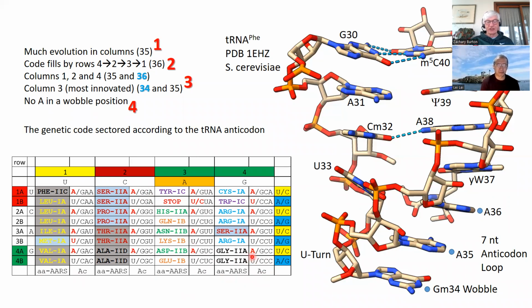So A is never used in archaea in the wobble position. It's not utilized. And for the most part, it's not utilized throughout biology, except when it's modified to various things that change the way it functions. But G can be utilized because G can recognize U in messenger RNA as a wobble pair, or G can recognize C as a Watson-Crick pair.